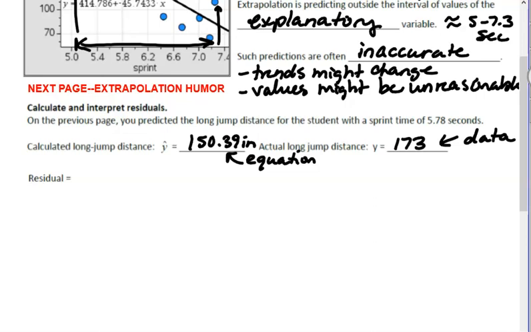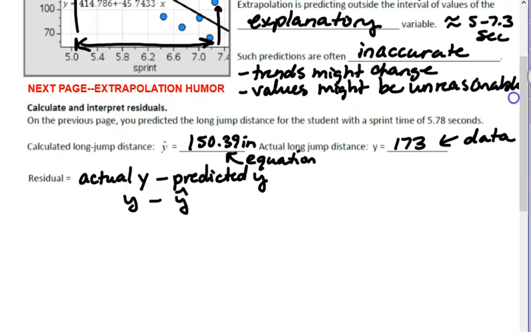So the residual is the difference between the actual and the predicted. So it's actual y minus predicted y. Actual y would be y, and predicted y would be the y hat.